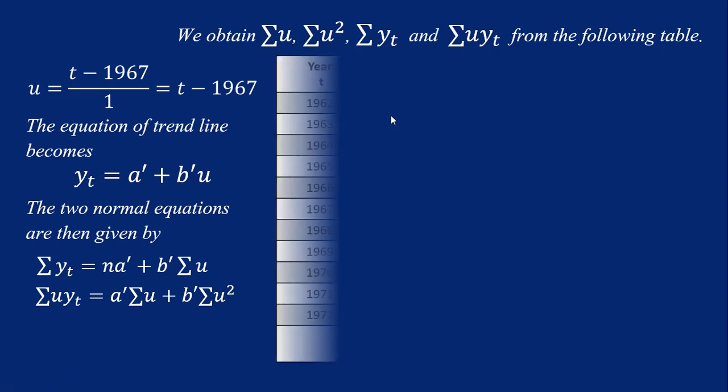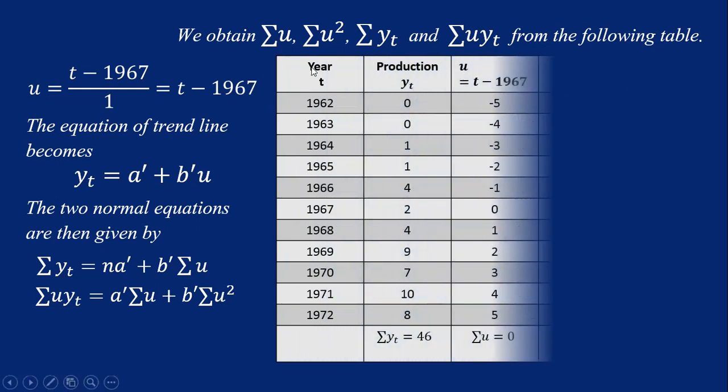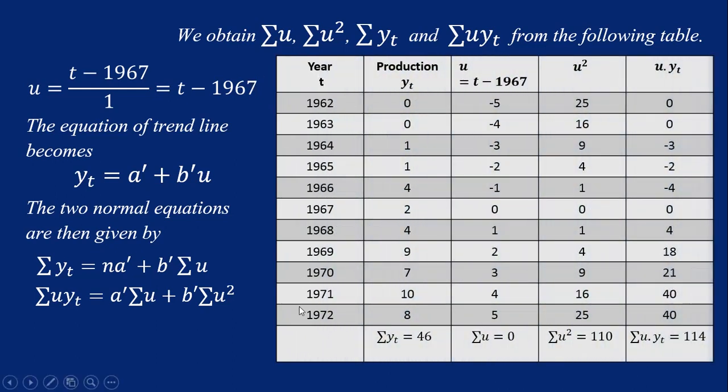Okay, so we make this table. This year t, these values are given, 1962 up to 1972. Production is denoted by yt. These values are also given. So the first two columns are given.